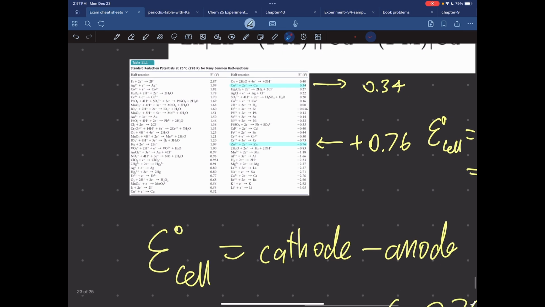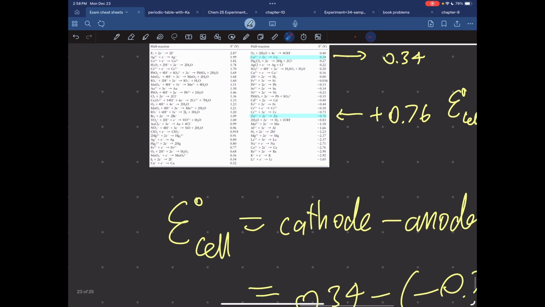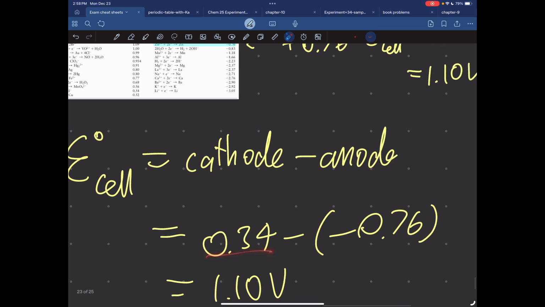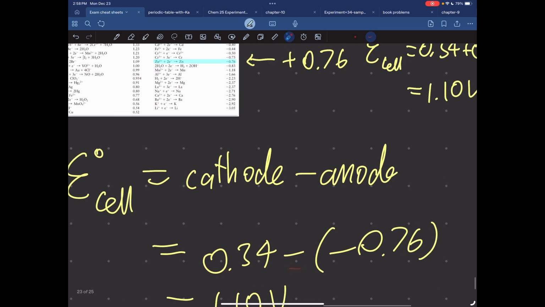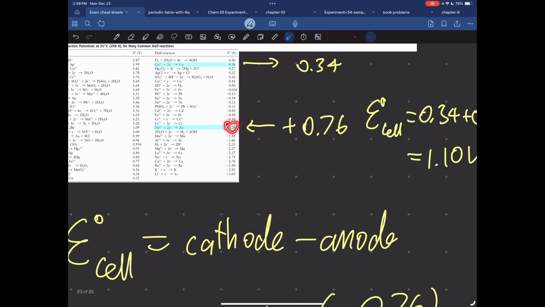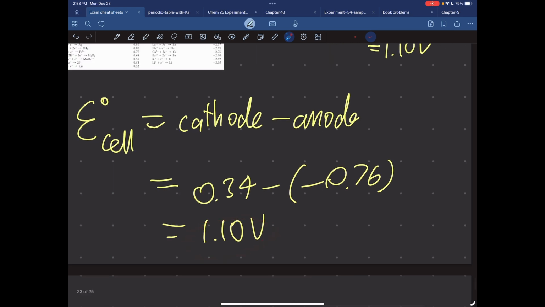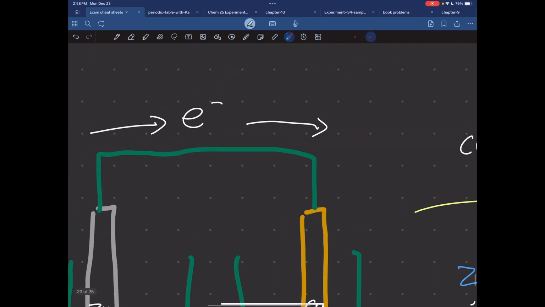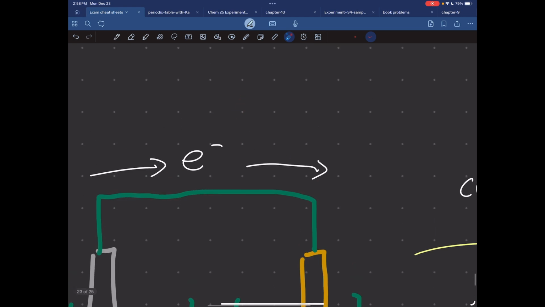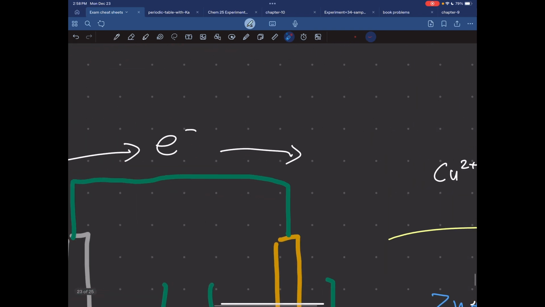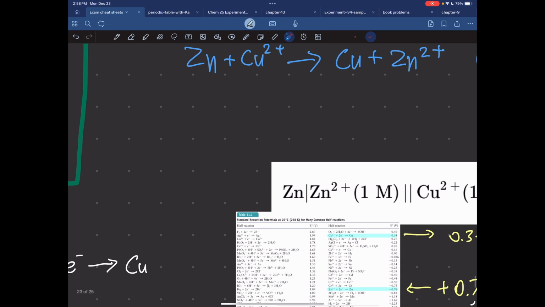So this would be cathode copper, 0.34, minus the anode, negative 0.76, and you get 1.1 volts. So if you attach a multimeter here, you would see 1.10 volts. Actually, in real life, it'd probably be slightly different.